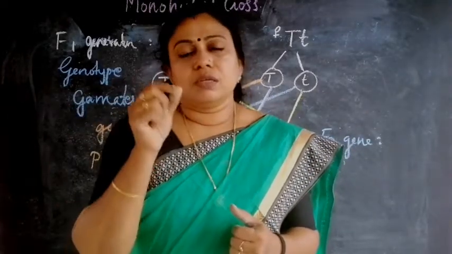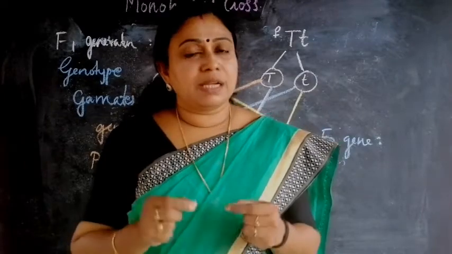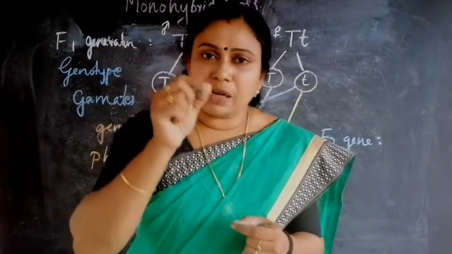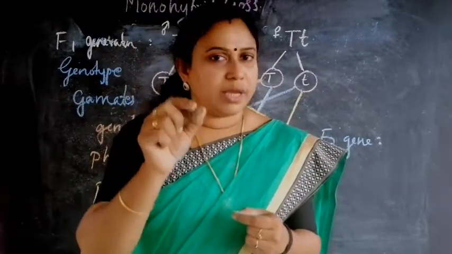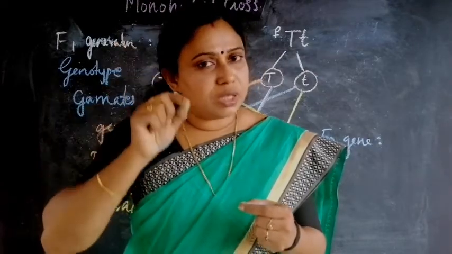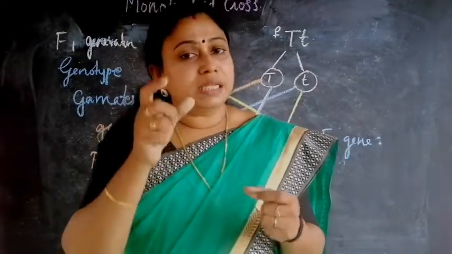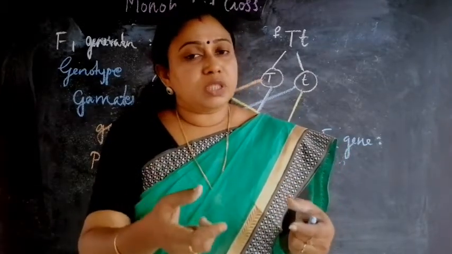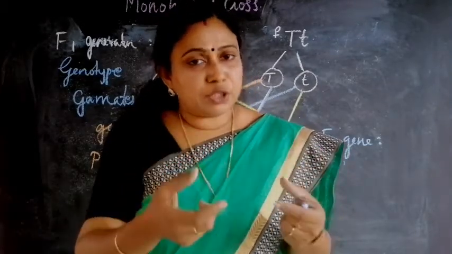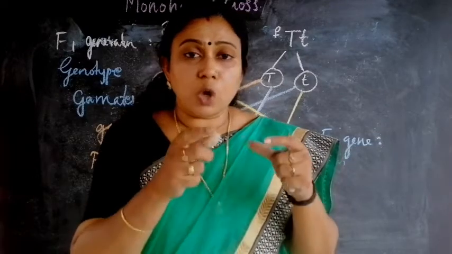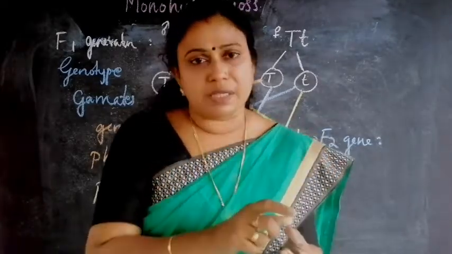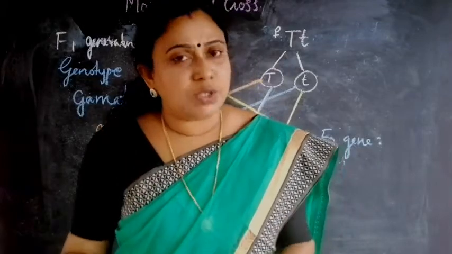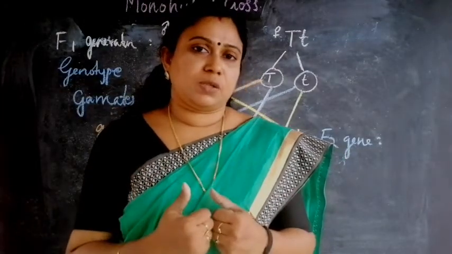That means Mendel explained that from the parental generation, some factors are transferred to the F1 generation, and in the F1 generation they are not expressed. From that F1 generation, the factors which are kept suppressed are transferred to the next generation and expressed.